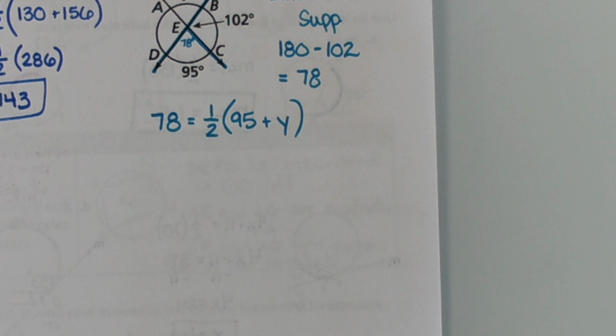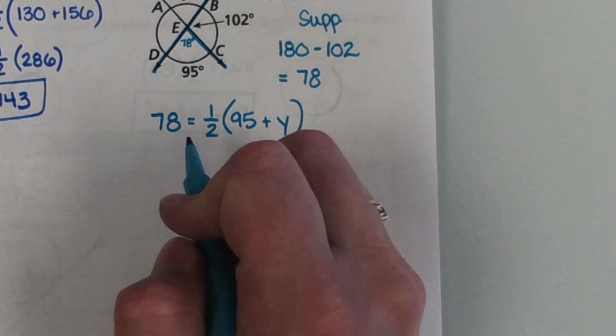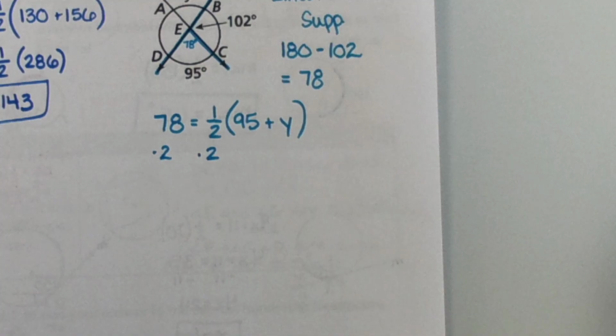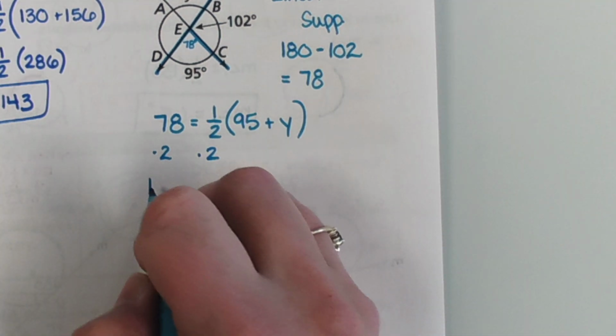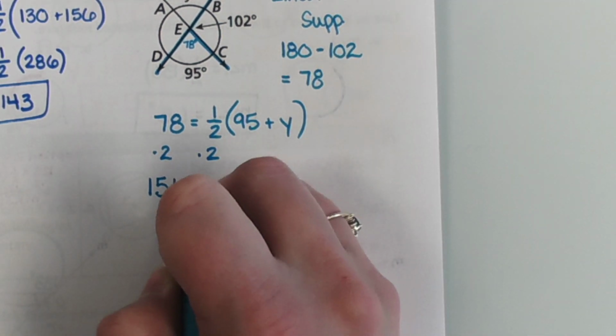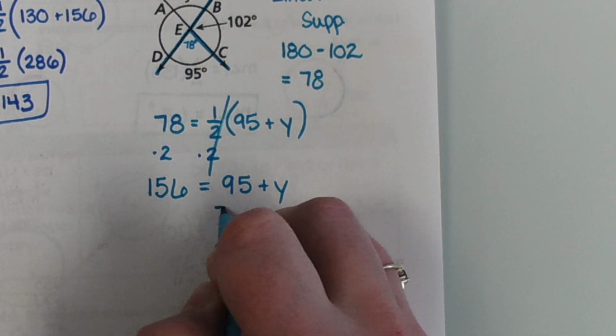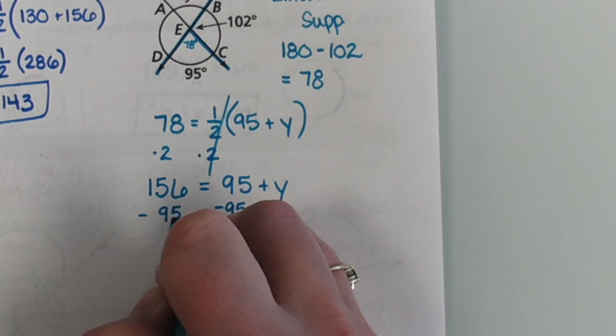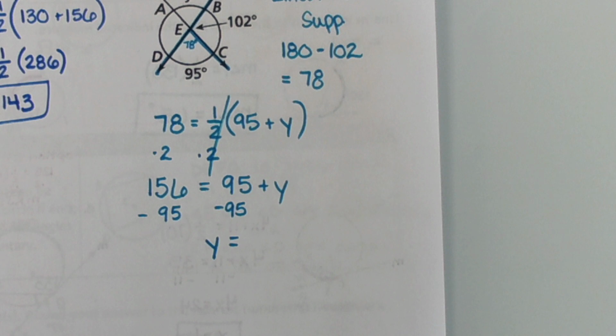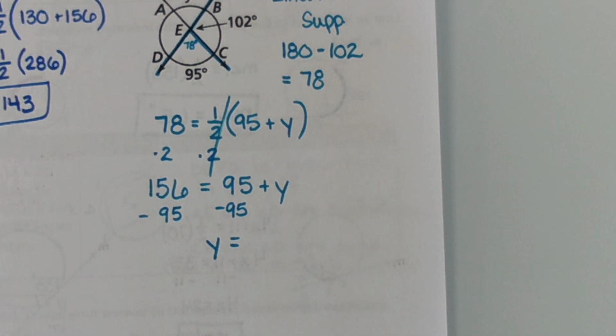When this side is just a plain number, multiplying by 2 tends to be easier. 78 times 2 is 156 equals 95 plus y. Subtract 95. Y is 61.